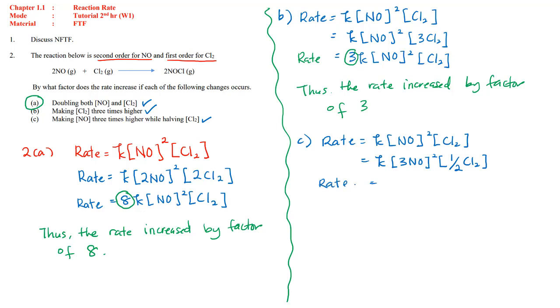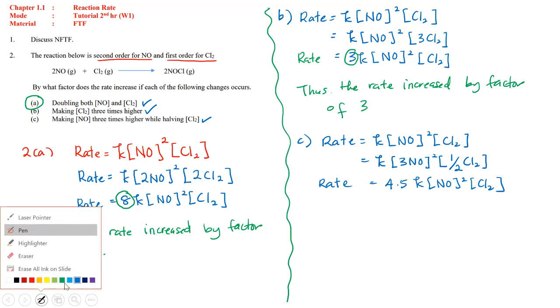So rate equals to 4.5 K times concentration of NO power of 2 times concentration of chlorine gas.